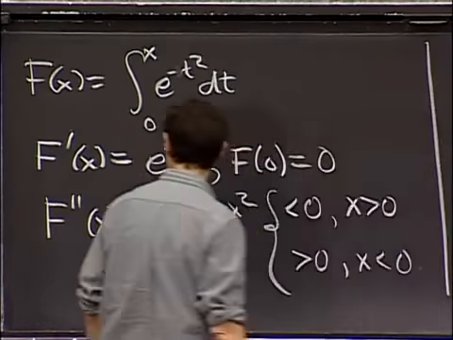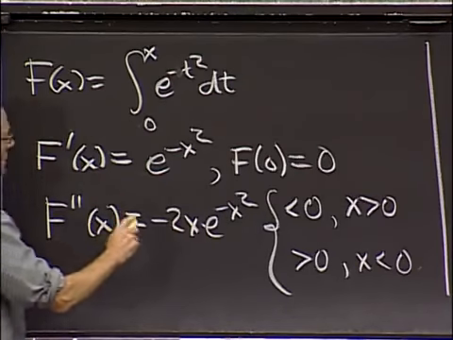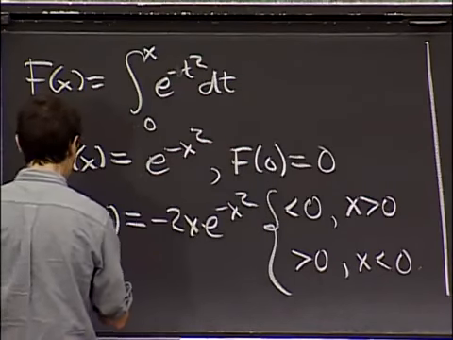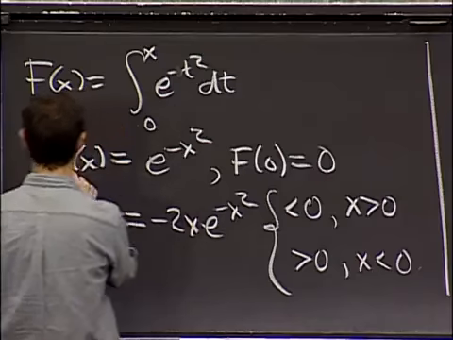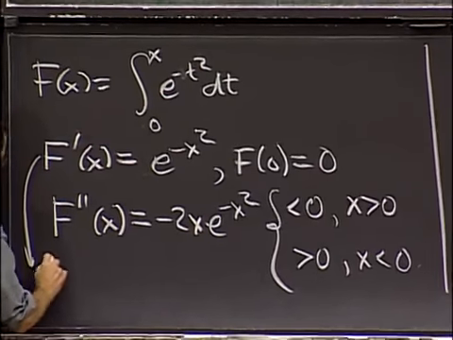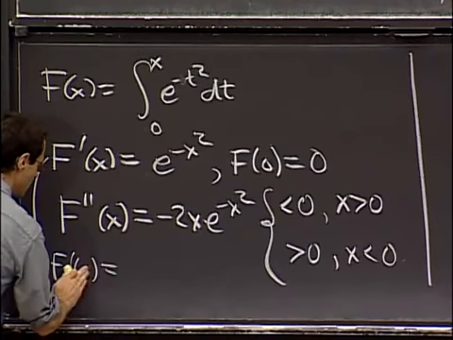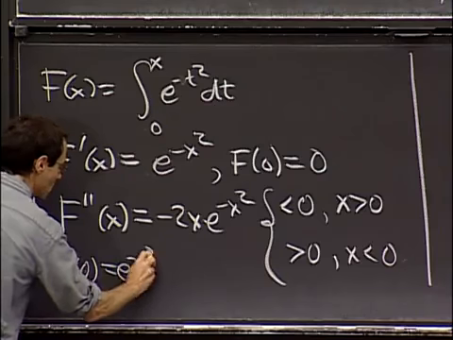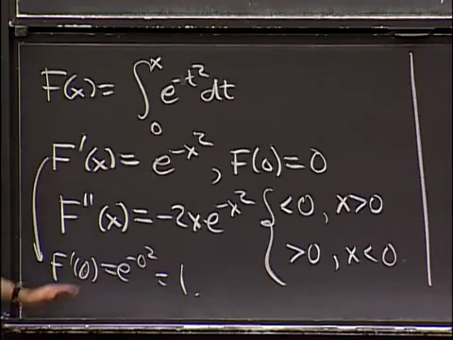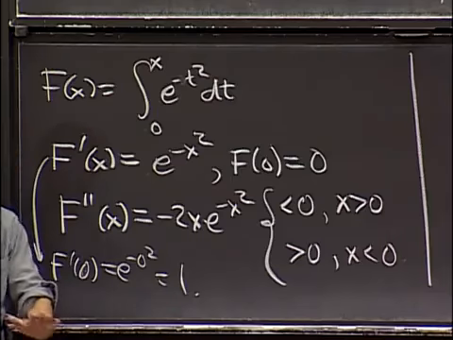And maybe to get started, I'll remind you, f of 0 is 0. It's also true that f prime of 0 comes right out of this. F prime of 0 is e to the minus 0 squared, which is 1. That means the tangent line again has slope 1. We do this a lot with functions.